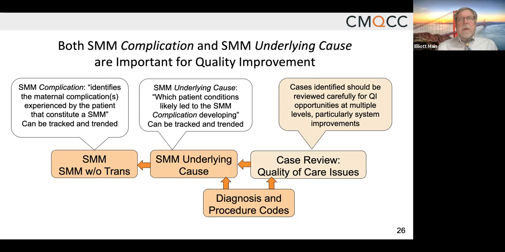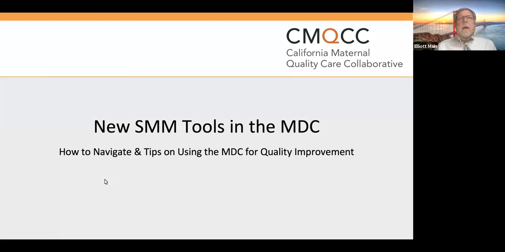And we're going to give you some typical questions to be asked. These are underlined by what we've got in the data center from diagnosis and procedure codes, and will be supplemented by data on chart review. Next slide. I'm going to turn this now over to Emily, who's going to take us through the data center.